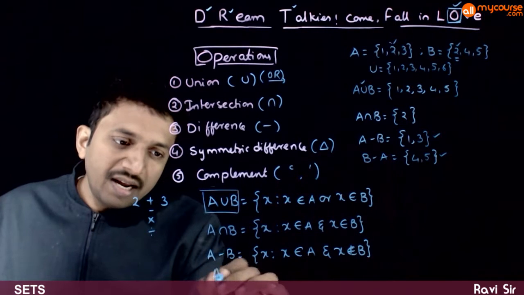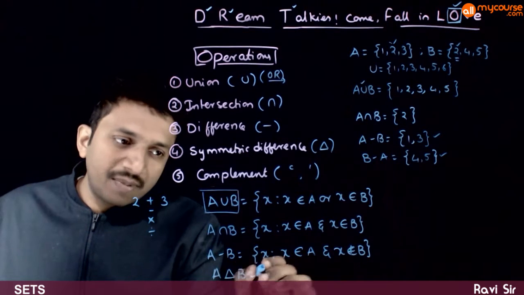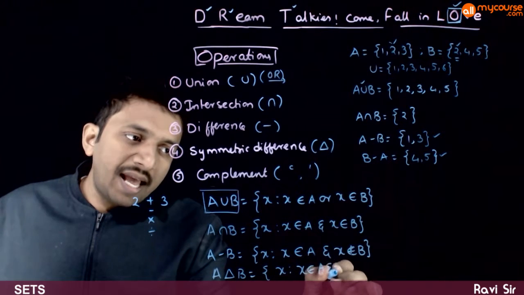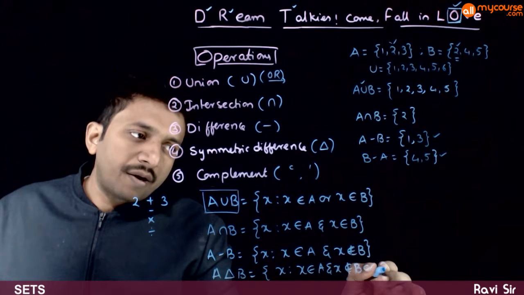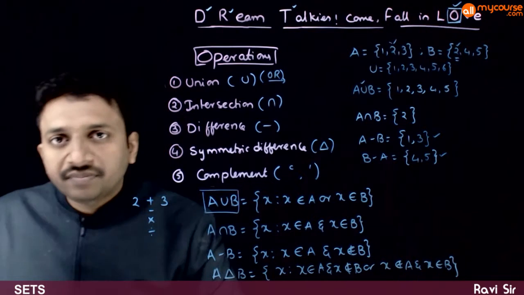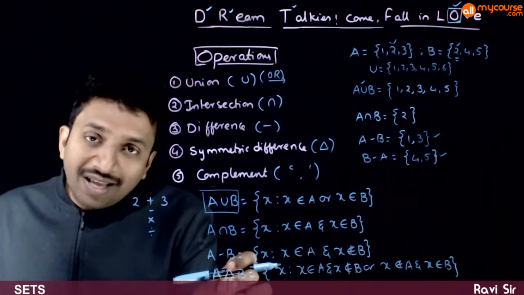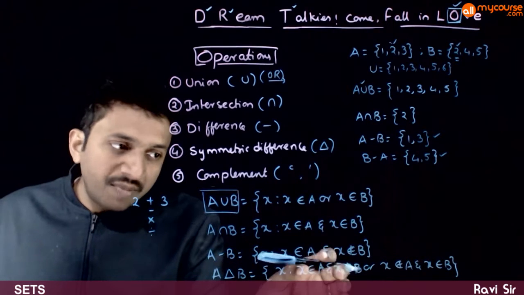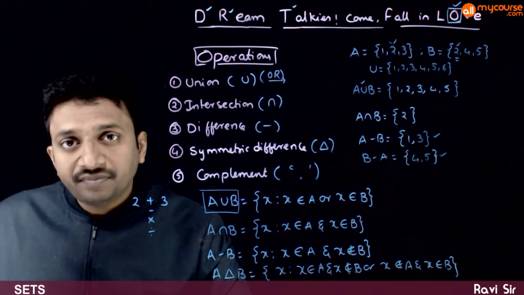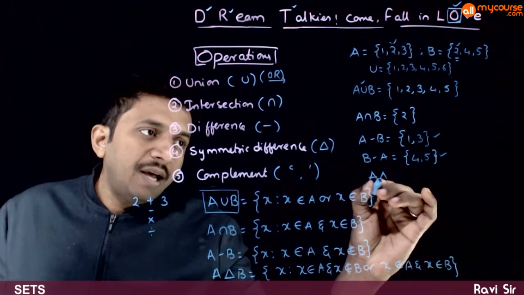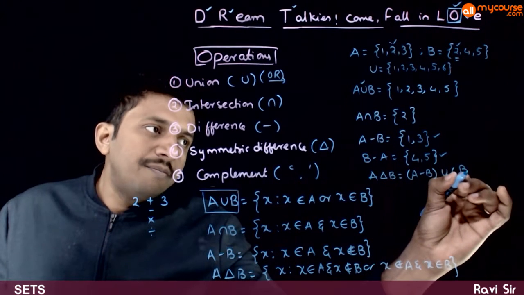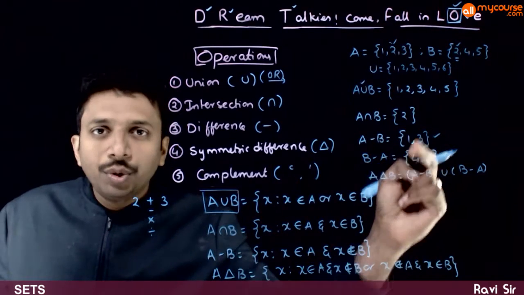Next, A delta B is nothing but X such that X belongs to A and X does not belong to B, or X does not belong to A and X belongs to B. So that means A delta B is the set of elements which are present in A minus B or B minus A. That is, A delta B can be written as A minus B or B minus A. So you just need to union these two.